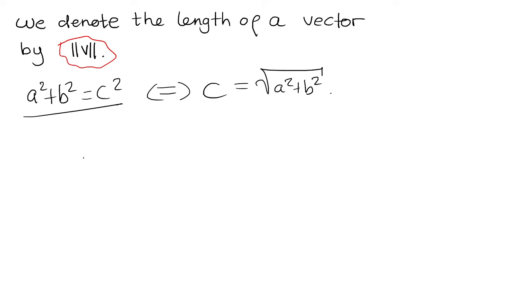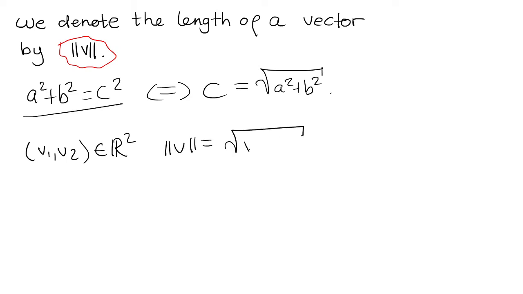Likewise, it follows that the norm of a vector, say a vector v1, v2 in R2, is the square root of v1 squared plus v2 squared. That is the length of a vector in R2.